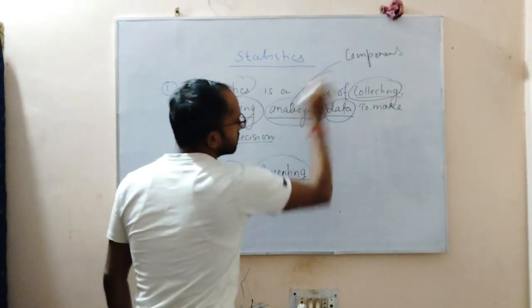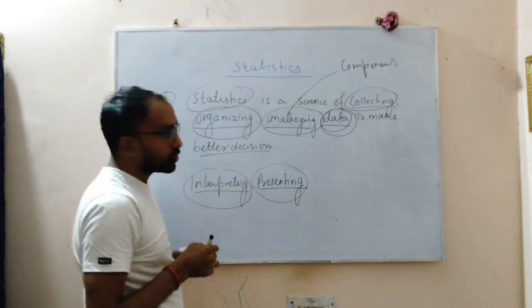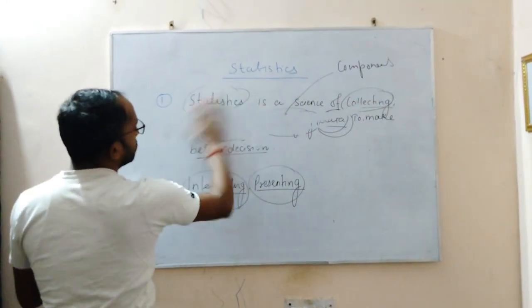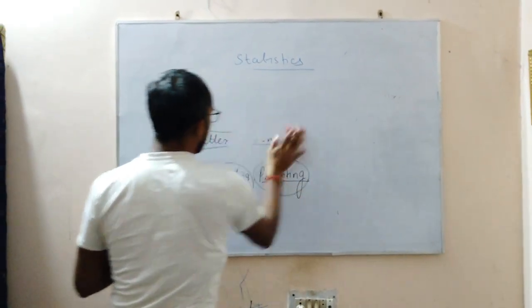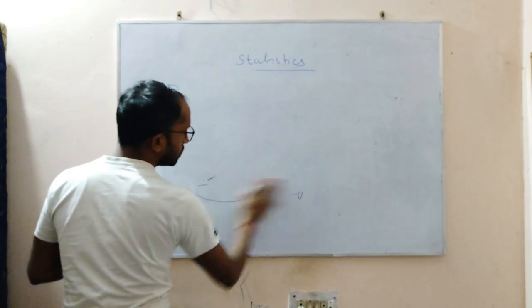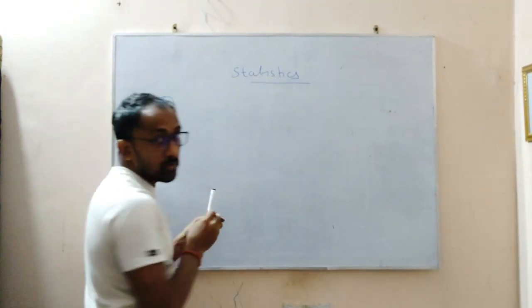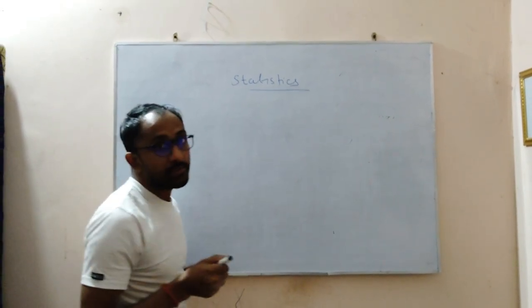Before going to its components, we need to understand data. At first we need to discuss the definition of data. I have written only one definition now. I will discuss the second definition of statistics later.